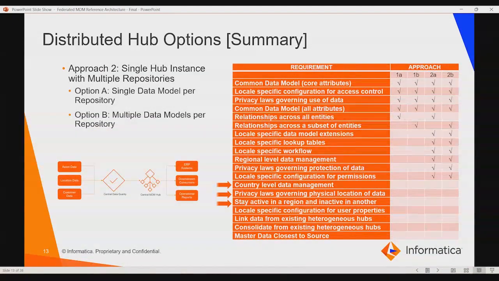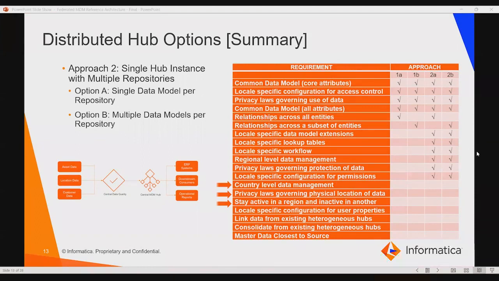Having those discussions within the organizations is absolutely important and critical to selecting the correct hub option, because when you select the correct hub option, it makes life easier for everybody: for MDM, for data stewards, for downstream systems, upstream systems, and you get the best value in your project implementation.